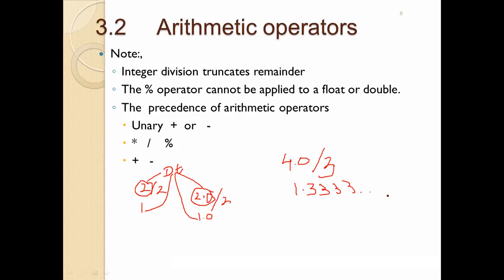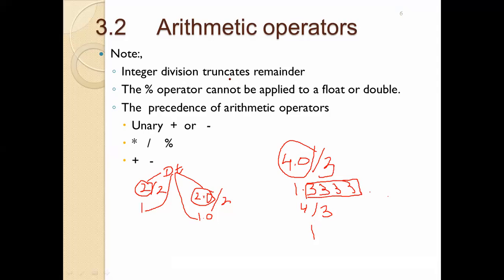This is why we are getting this result, because the numerator has the decimal type of data. Instead, if I write 4 divided by 3, you will get only 1 as the answer and the rest will be truncated.